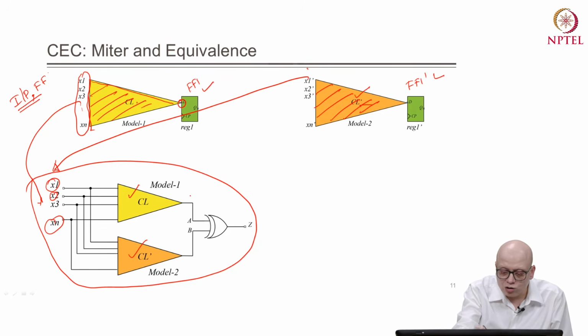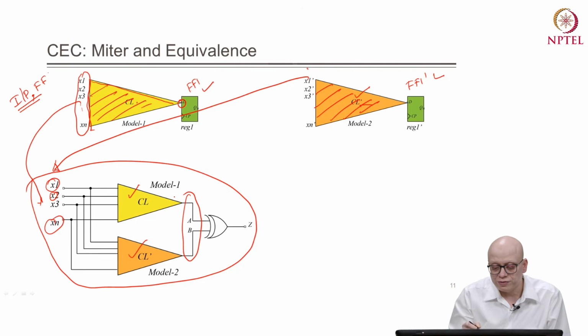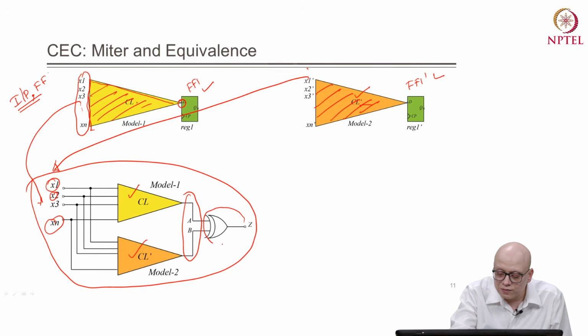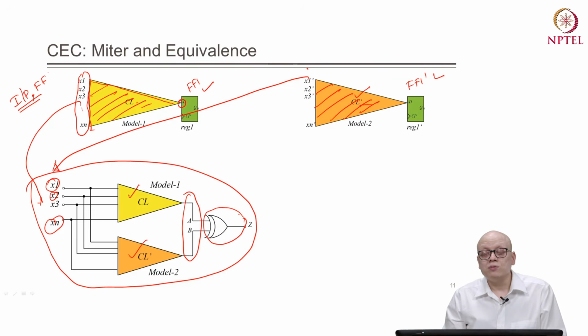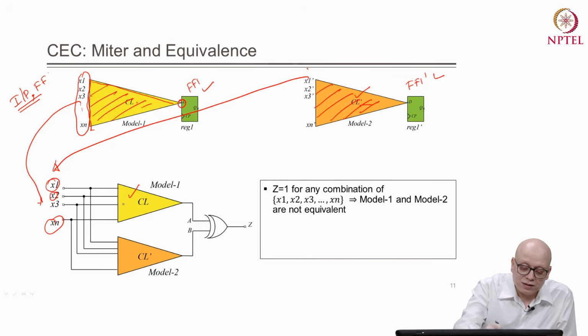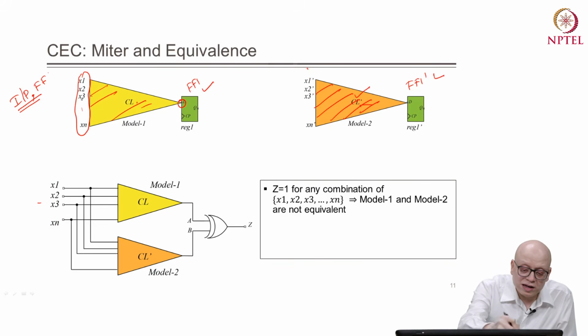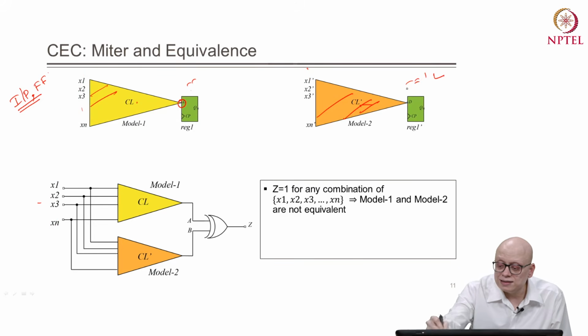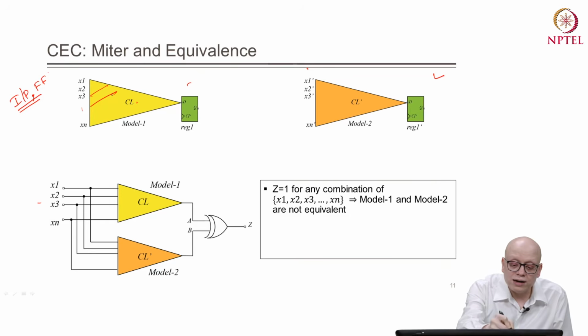And then at the output of these combinational logic cones, we add an XOR gate. Now, suppose CL and CL dash are equivalent.